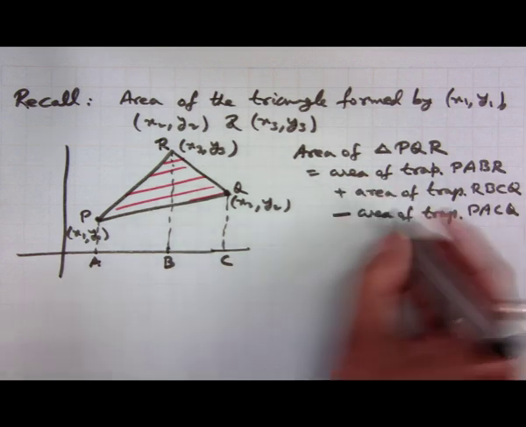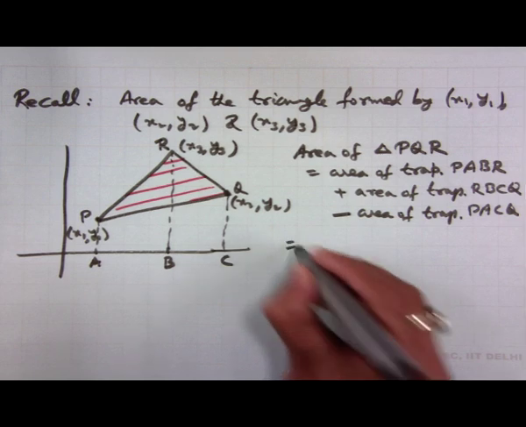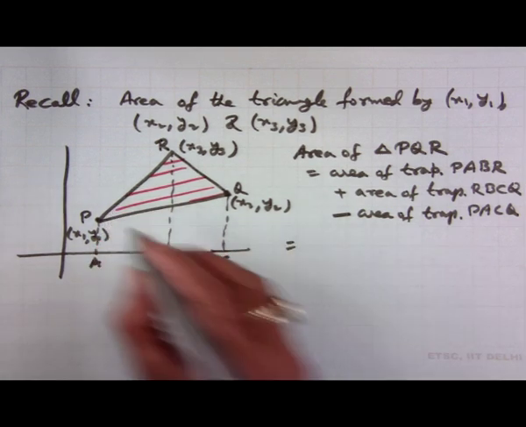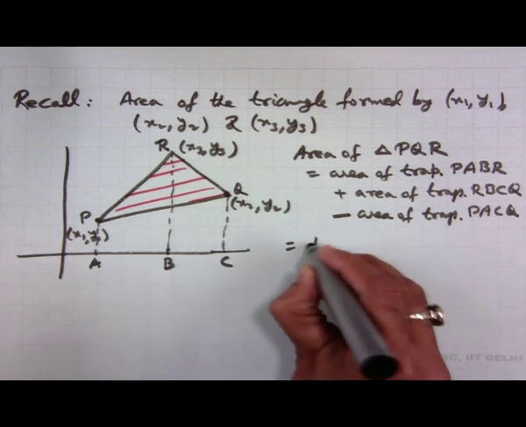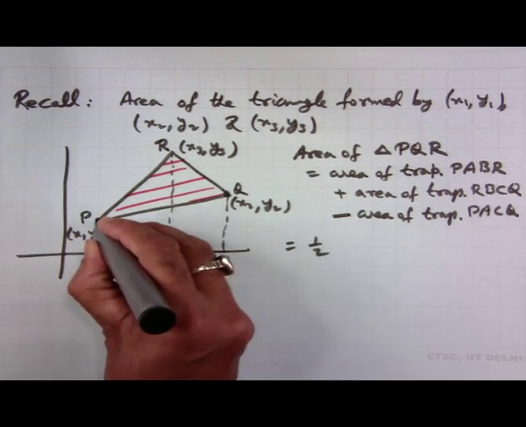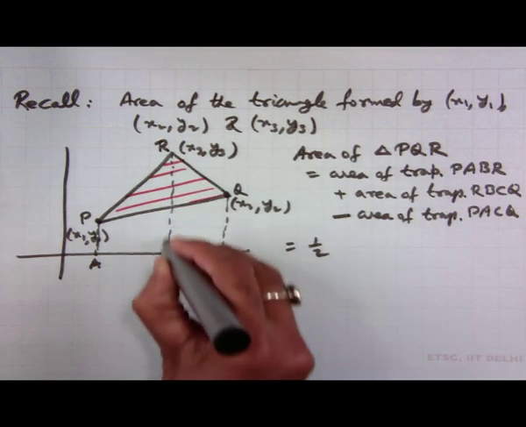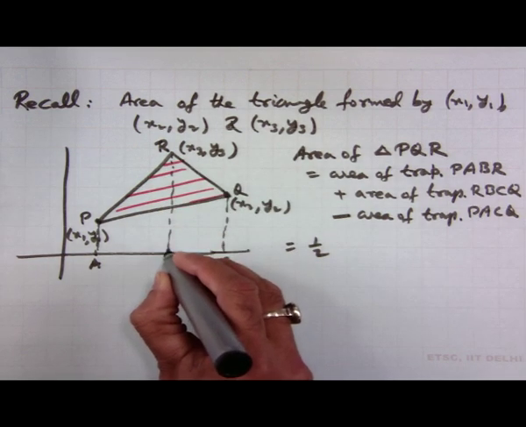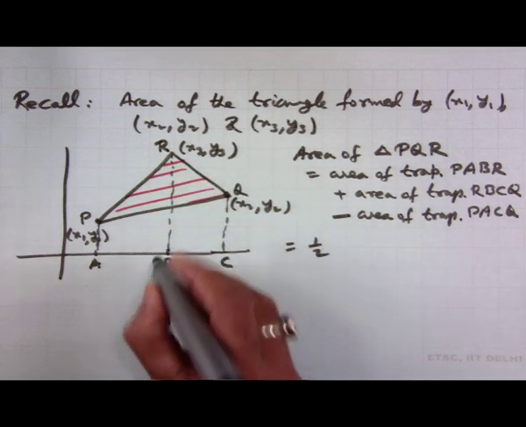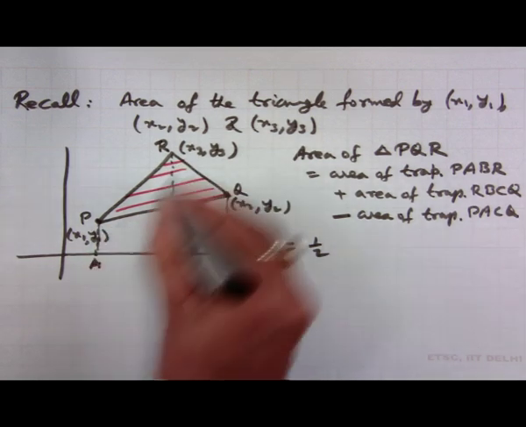So, area of the trapezium can be calculated easily here. This is equal to half times, here these two are opposite sides of the trapezium of length y 1 and y 3.